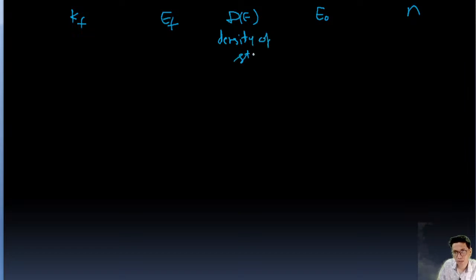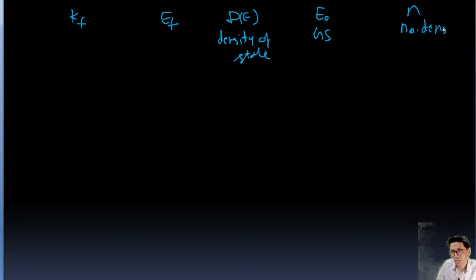This is a chart for kF, Fermi wave vector, EF, and density of state, ground state E naught, and N. This is density of state, this is ground state, and this is number density.